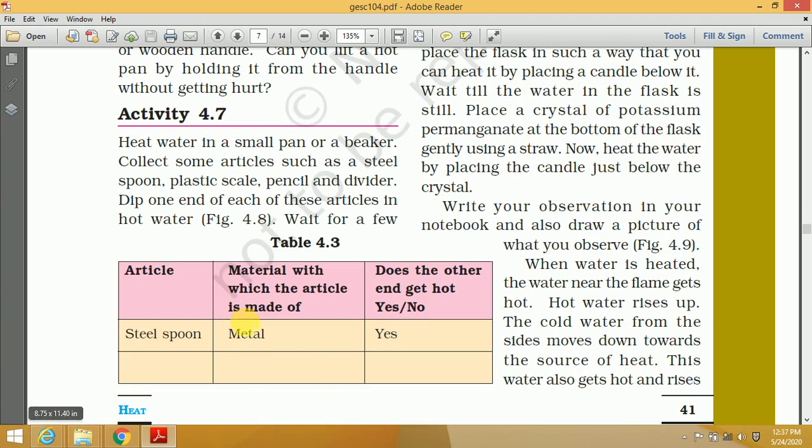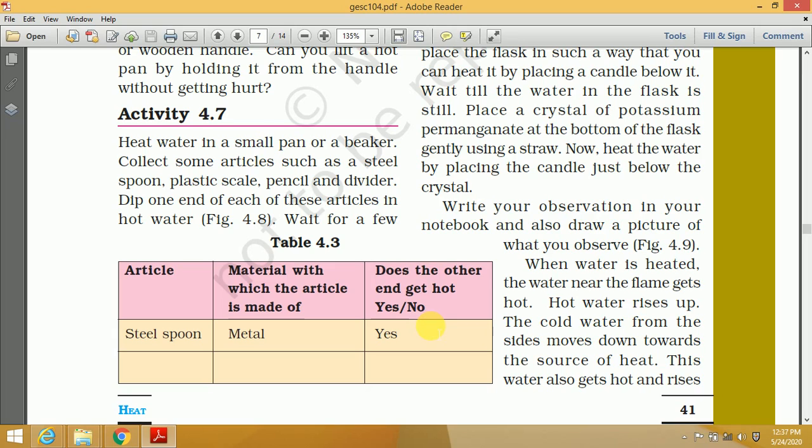So here you can see this activity. You can take any of the articles, steel spoon, wooden spoon, or different materials you can take, and you can write here whether it is made up of metal or wood or plastic or anything else. And if one of the end of that is getting heated up, you have to just check whether the other end of the material is also getting heated up.